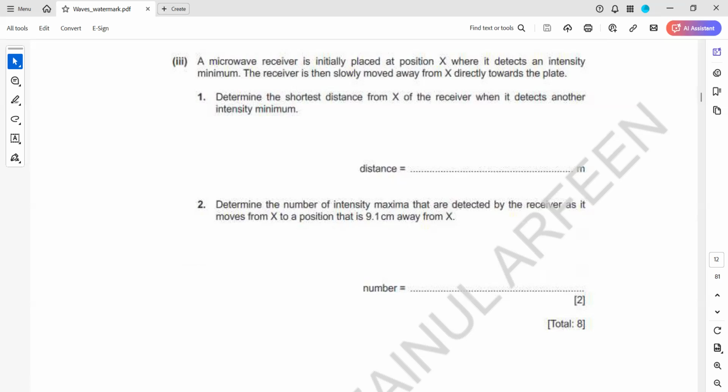How did we get 2 marks? 1 mark is for showing the spacing. 4.55 is how many times we are moving. 4.5 is representing the motion. So this was node, node, node, node, node, and then we label the antinode positions. 1 mark is for the answer.